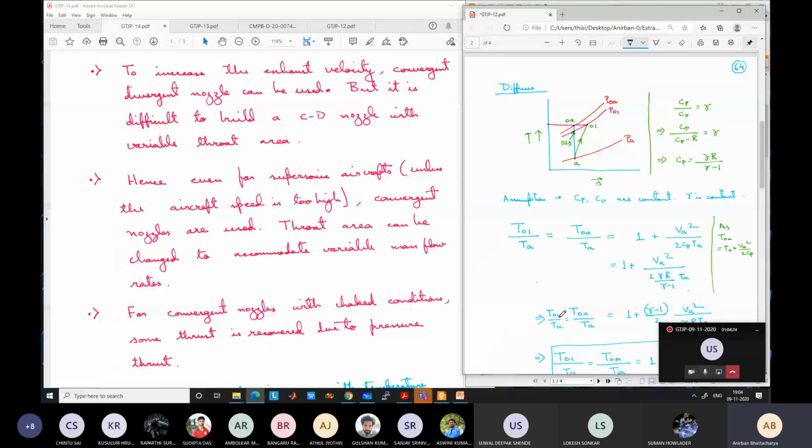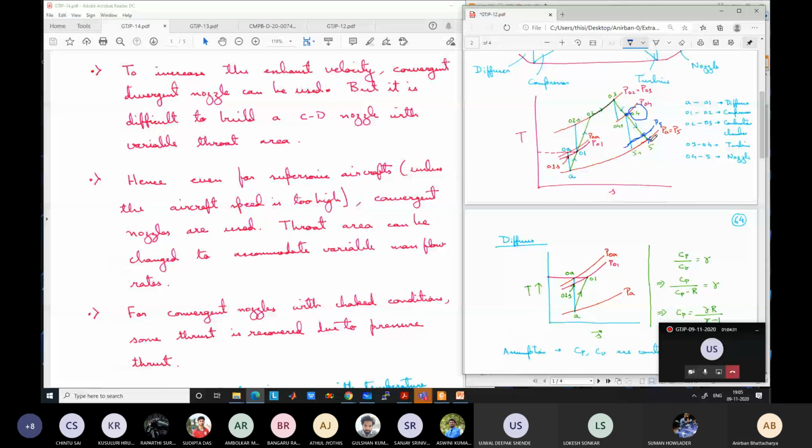Now the exhaust gas temperature is much higher. We can see even from this diagram that the exhaust gas temperature is much higher than the ambient temperature. T5 is much higher than TA. So it means that at the exit condition of the nozzle, the sonic speed is much higher than the sonic speed in the ambient condition.